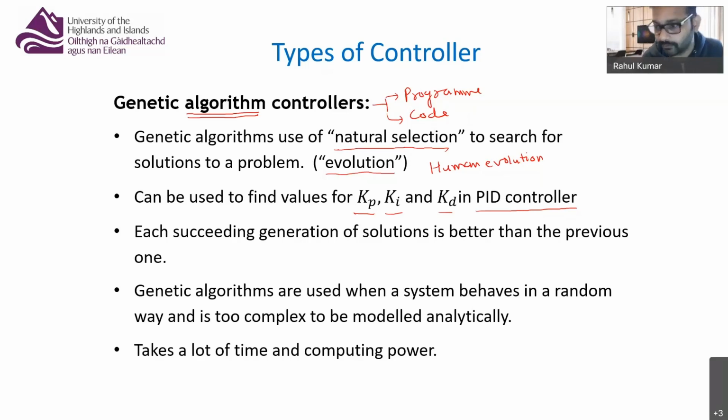If it works, it is well and good. If it doesn't work, it will adjust the values of Kp, Ki, and Kd again and try them on another set of data. So it's a cyclic process. It identifies the best possible solution, uses it for the next set of data, then adjusts it again and tries it on the remaining data. That's how the genetic algorithm works.